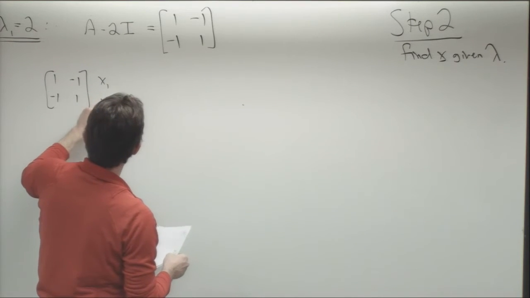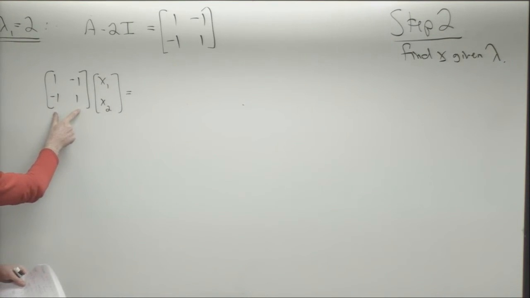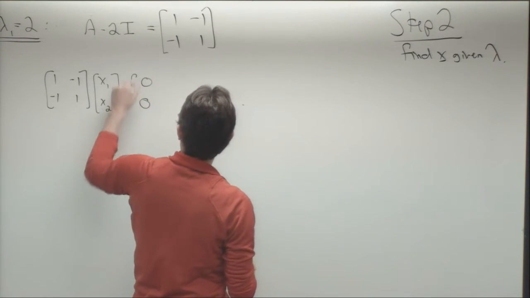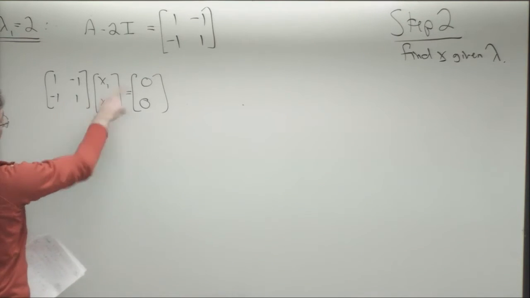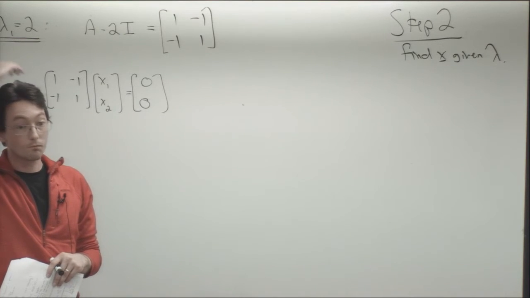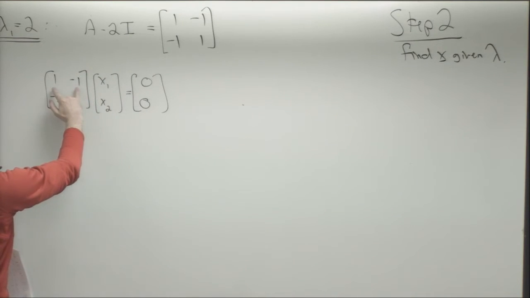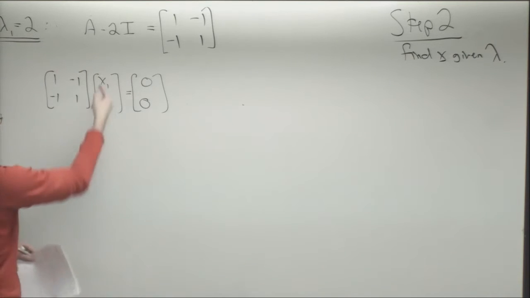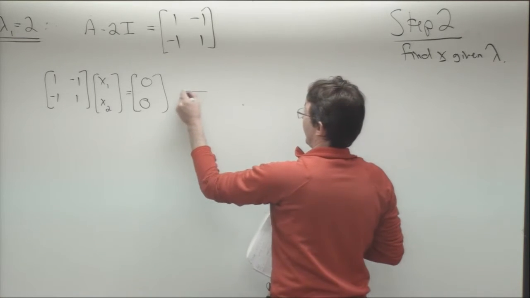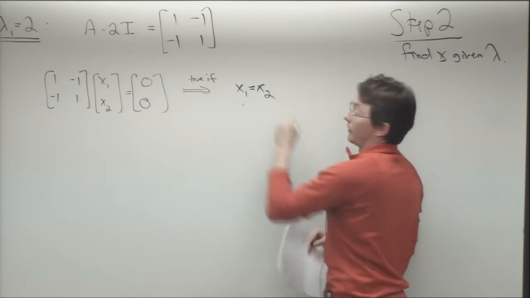Okay, x1, x2. So A minus lambda I times x has to equal 0. That's my eigenvector equation. So what do we know about x1 and x2 from this equation? They have to be equal, right? If I plug in x1 equals x2, then I get x1 minus x1 definitely equals 0, and minus x1 plus x1 also equals 0. Okay, so this is satisfied. This is true if x1 equals x2.